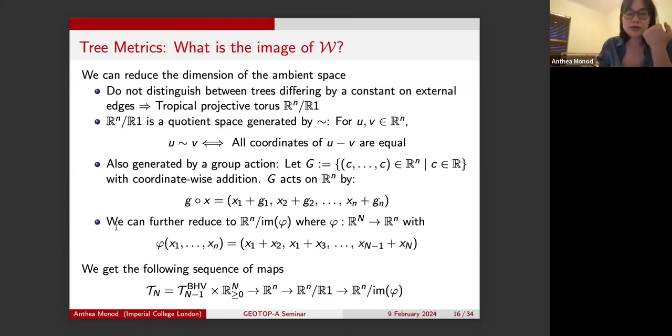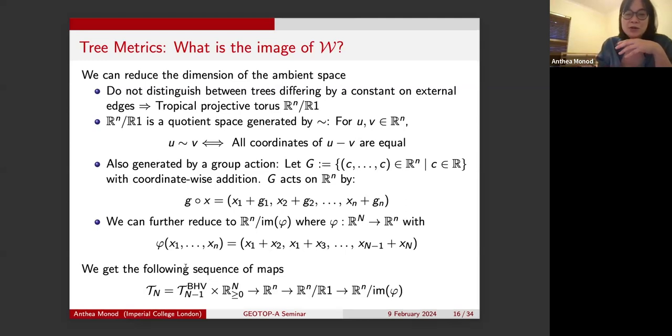The tropical projective torus is a quotient space, generated by the equivalence relation where U is considered equivalent to V if all the coordinates of U minus V are equal. You can also generate this by a group action. I'm not going to get into that, but essentially you can look at this quotient space and further refine it by looking at a sequence of maps here.